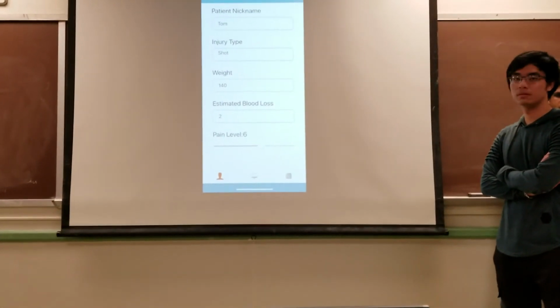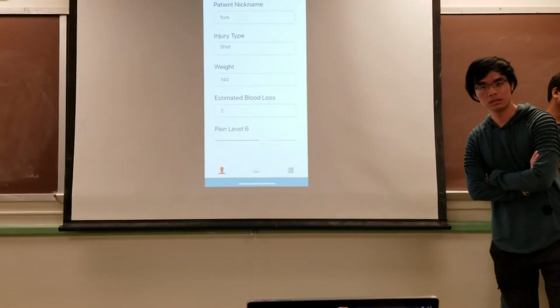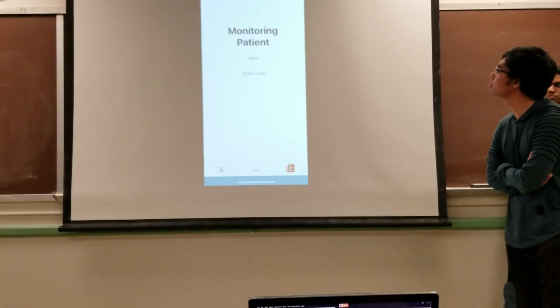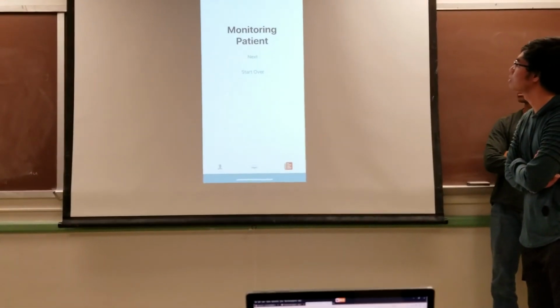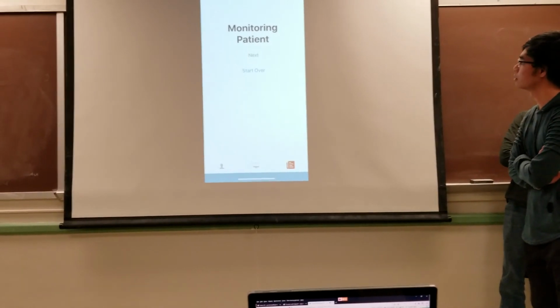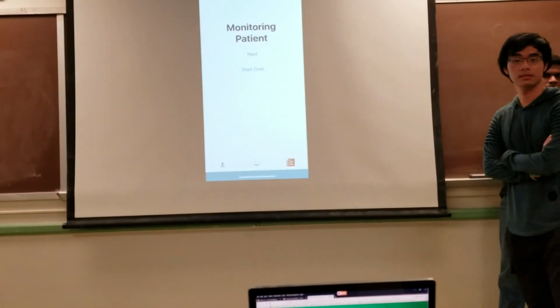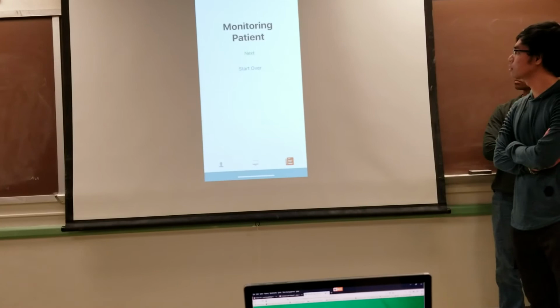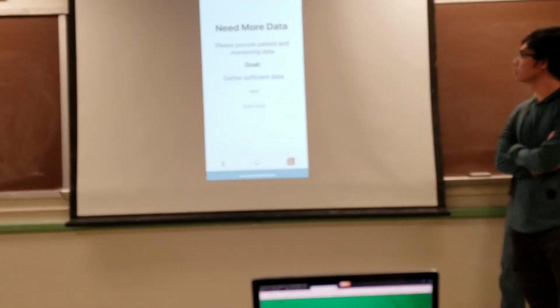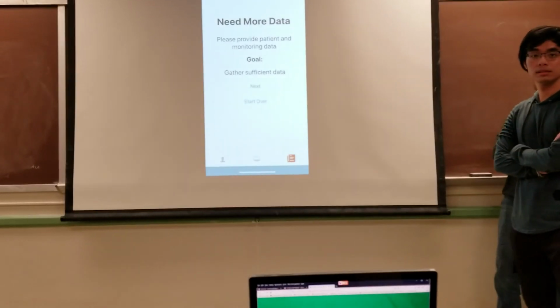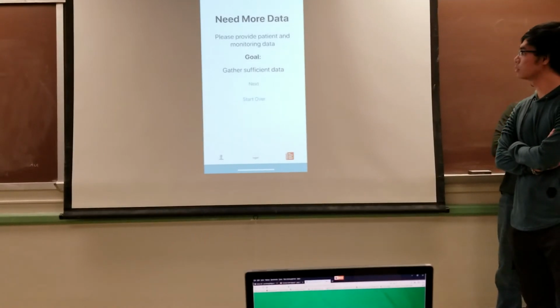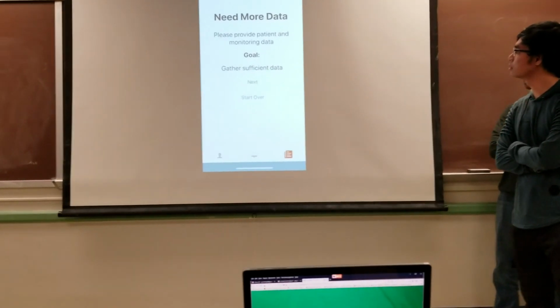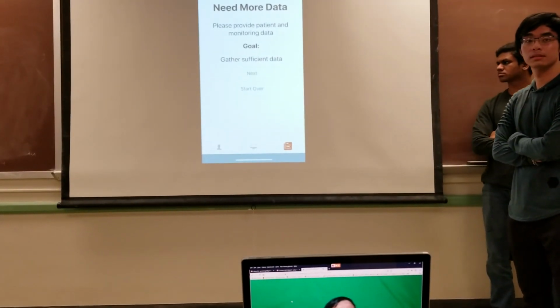Another thing is the last result page. Can you make next and start over two buttons instead of just a line? Because if you go back one page before, I'd rather have the need more data and goal as is, but say please provide patient and monitoring data and gather sufficient data. Maybe have a different color font.